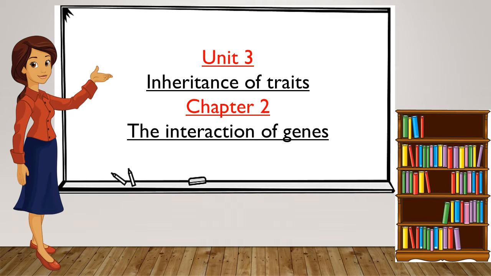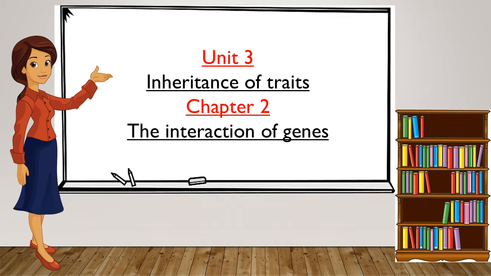If we have 2 genes, gene A and gene O, the blood group will be A, as gene A dominates over gene O. Also, if we have 2 genes, gene B and gene O, the blood group will be blood group B, as the gene B dominates over the gene O.